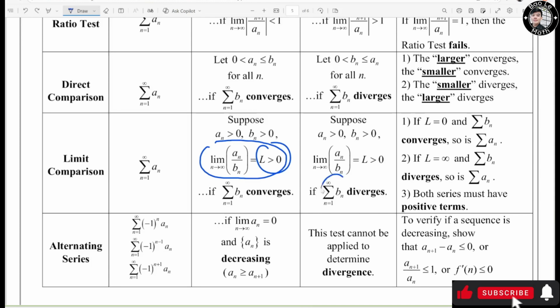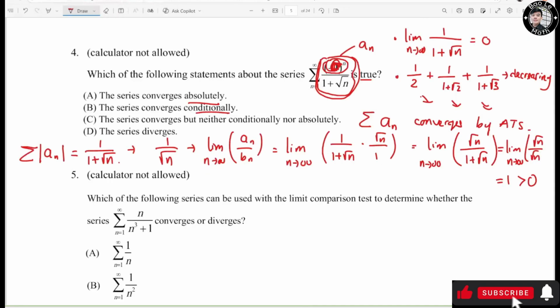Now, if the bottom diverges, then the top diverges, right? So I'm going to look at the bottom, which is right here, right? But the bottom is divergent by the p series, right? You have the series 1 over square root of n, which is the same thing as the series 1 over n to the power of 1 half, right?